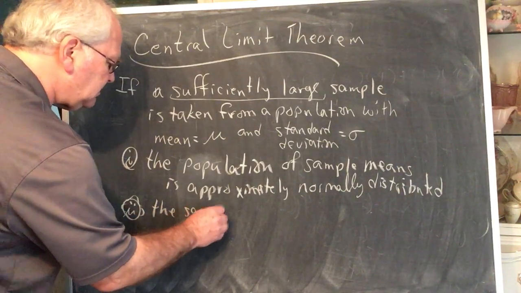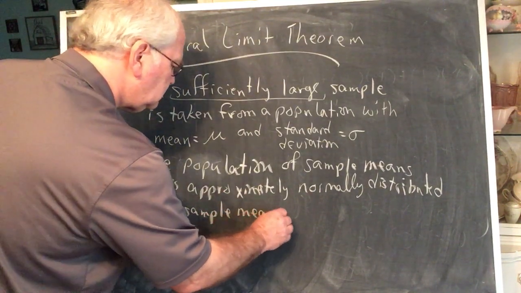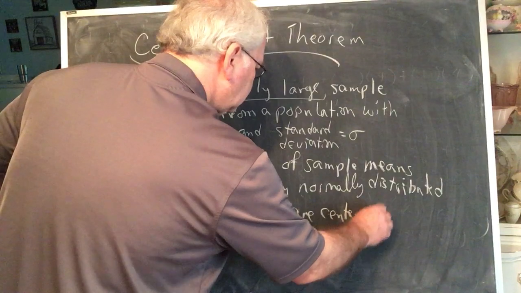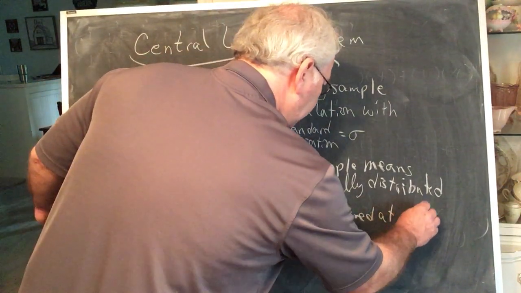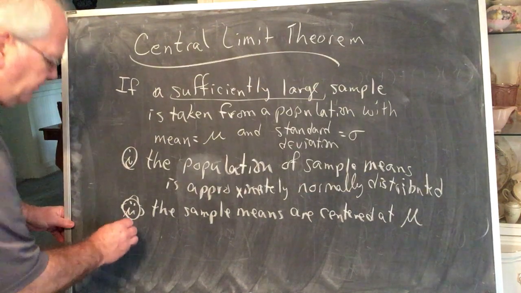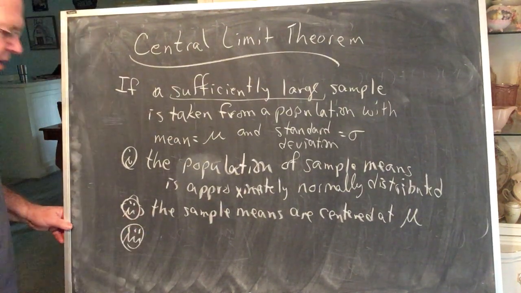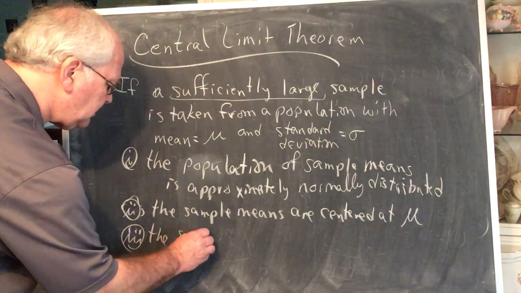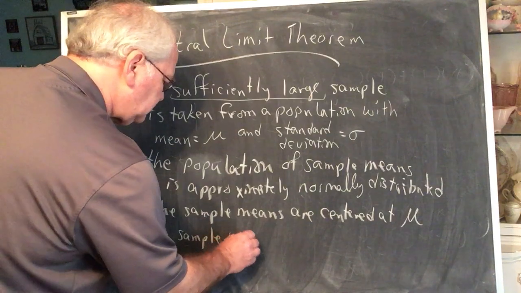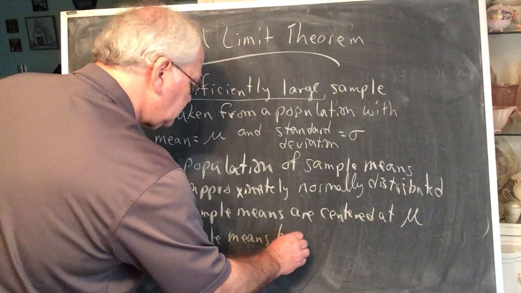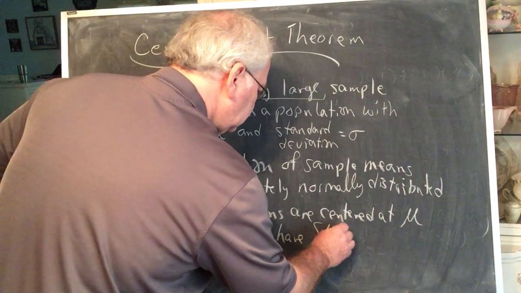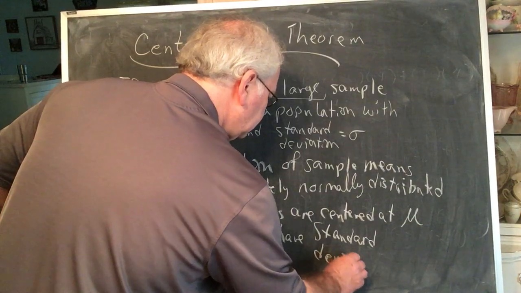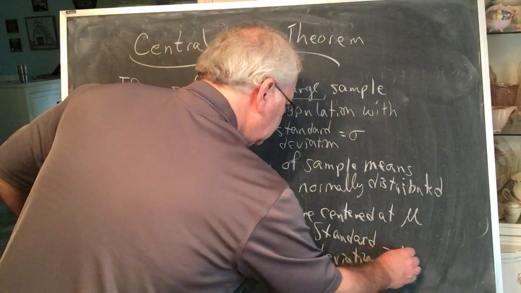The sample means are centered at mu, the population mean, and the third, the sample means have standard deviation equal to sigma.